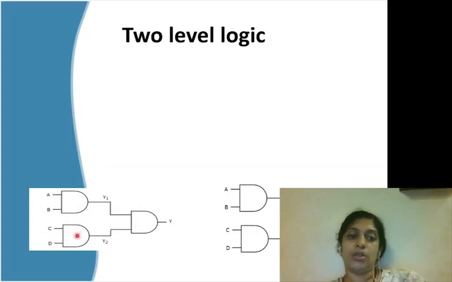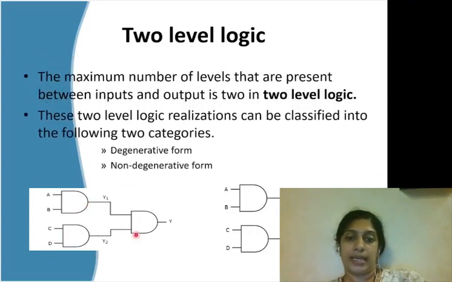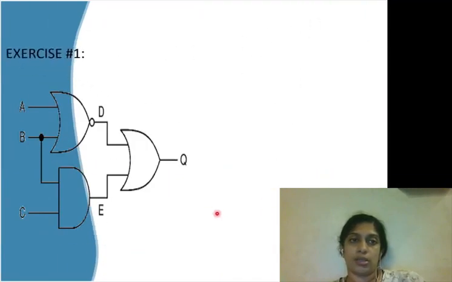Here these 2 AND gates are considered the first level of this logic circuit, and this is the second level. And in the second figure, we are using 2 AND gates and 1 OR gate. These 2 AND gates are the first level, and in the second level we are using 1 OR gate. So these are two-level logic circuits. And we have two categories, degenerative form and non-degenerative form, that we will discuss in the next session.